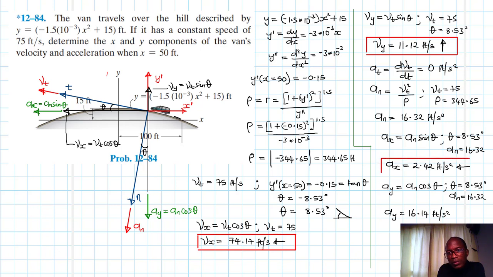There we go. And then we have this one I didn't show. This acceleration is coming down like so. Okay, there we go. Right. So I think this is about it. This is one way of solving this particular problem.